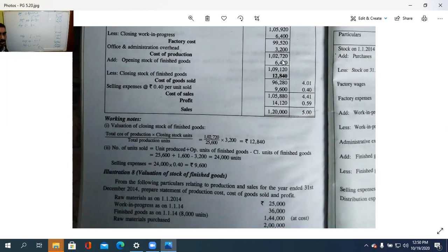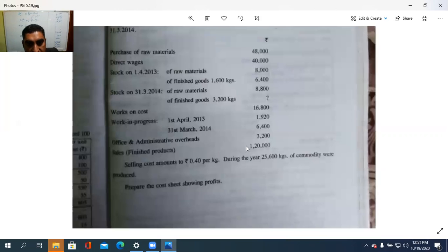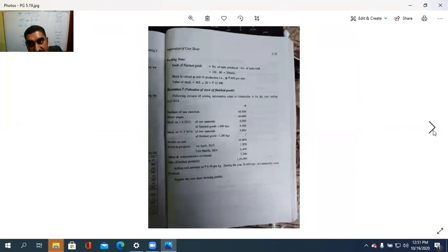Total cost of production is 102,720, multiplied with the closing stock units, 3,200, divided by total production in units, which is already given in the question. So 102,720 divided by 25,600 into 3,200, and we will get the closing FG.